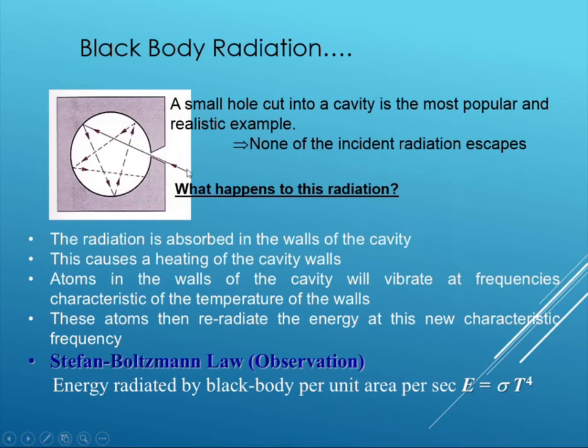Because all the radiation coming through the aperture gets absorbed inside the cavity, the body gets heated. See this very important concept: due to the absorption of the incident radiation, the entire body gets heated, meaning there must be a mathematical relation between the incident radiation, that is the wavelength, and the temperature. This is the most important thing, and we will discuss it later on.